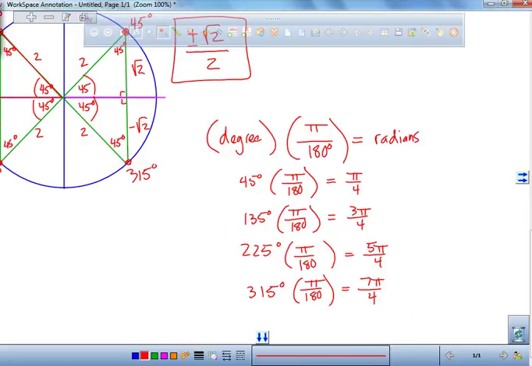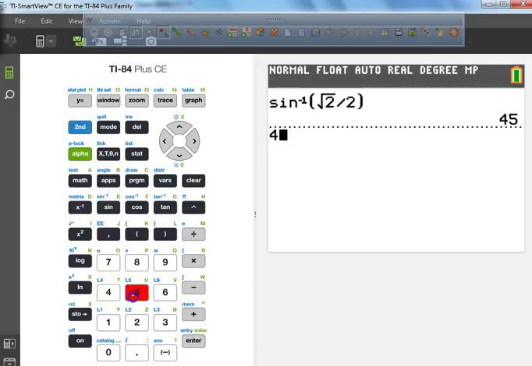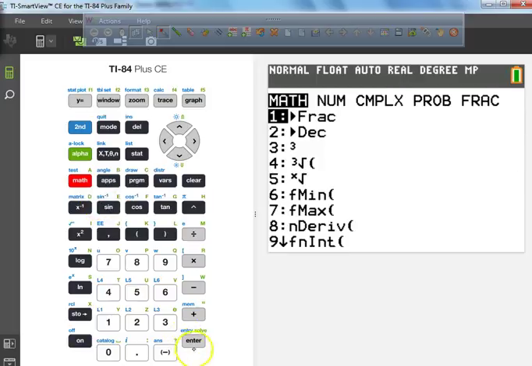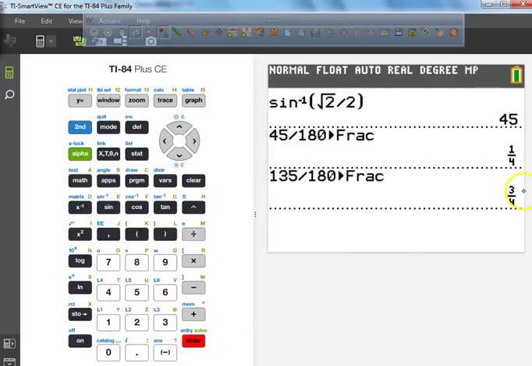Okay? So you're not trying to do the calculator, just do 45 basically divided by 180. 1/4, which is pi over 4. Okay? What was the next one? 135 divided by 180. 225 divided by 180.